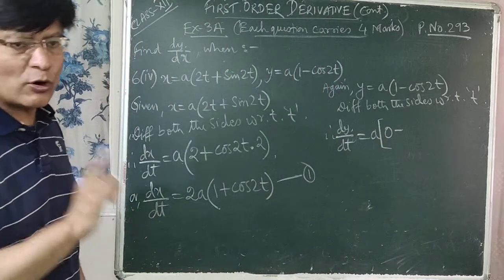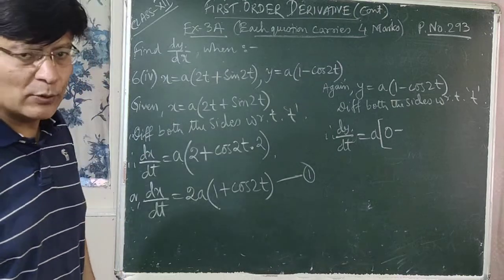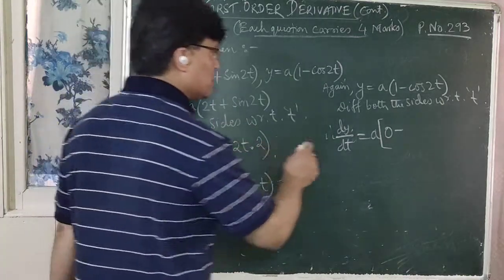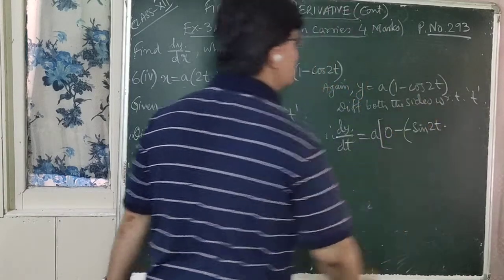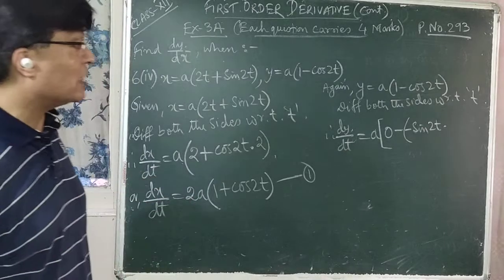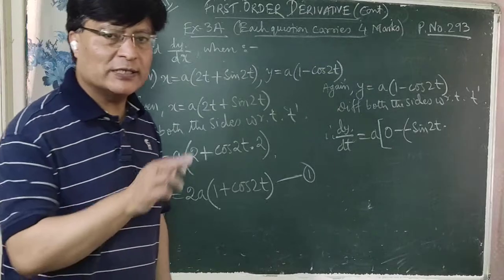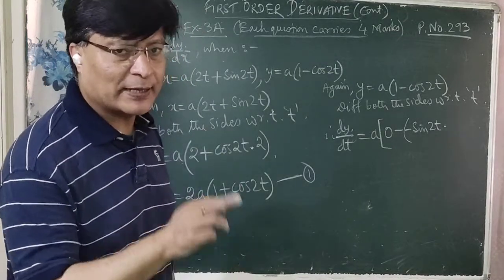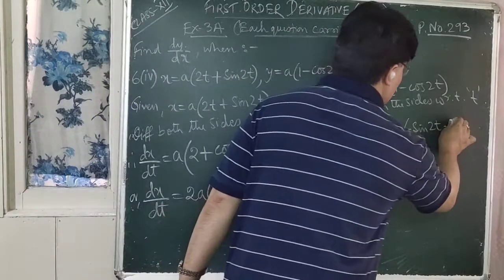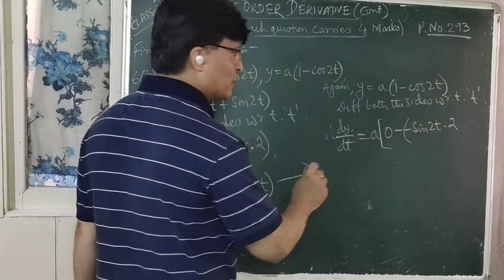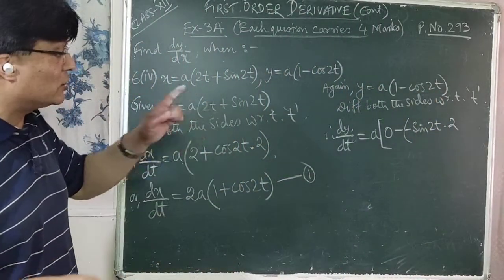Now we have to differentiate cos 2t with respect to t. First of all you should take it as cos t. What is the differentiation of cos t? Minus sine, here t is 2t, into, again differentiate the term which is assumed as t, that is 2t was assumed as t, so you have to differentiate 2t with respect to t, that is 2 into d by dt of t is always 1, so it is only 2.